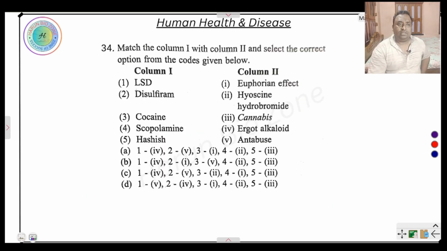Next question. Match column 1 with column 2 and select the correct option. LSD. LSD is actually from the fungus Claviceps purpurea.